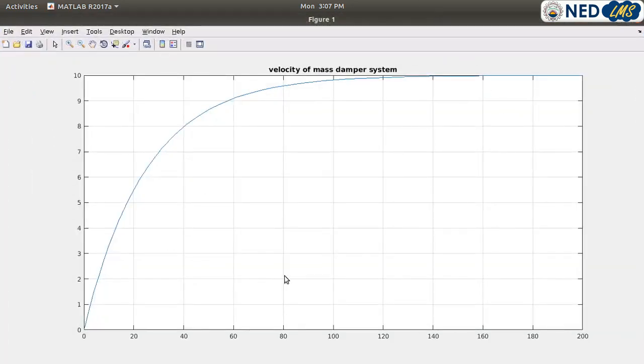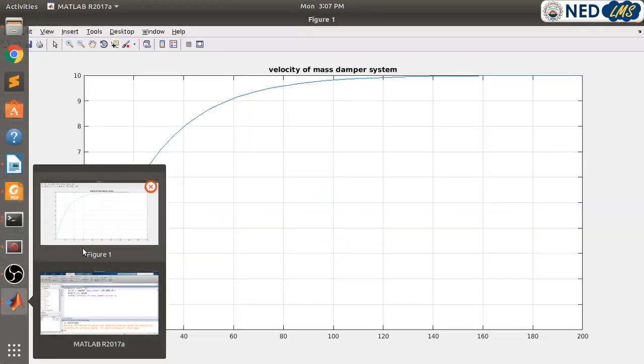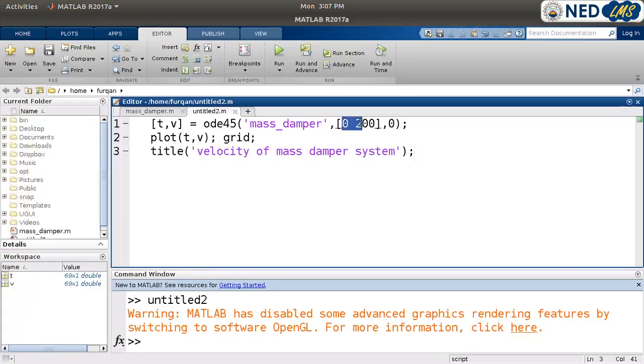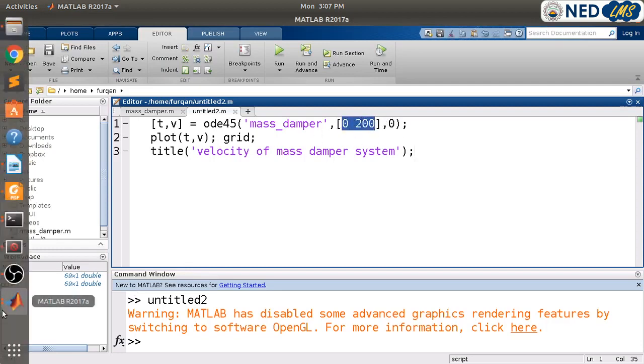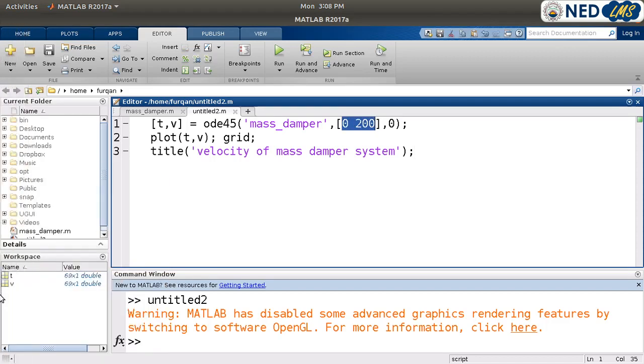Now here is the plot of the mass damper system differential equation. Here you can see the time span is from 0 to 200 as we defined in the t span. You can change this time span and use any time span of your choice.